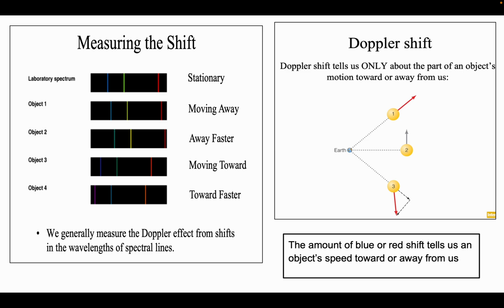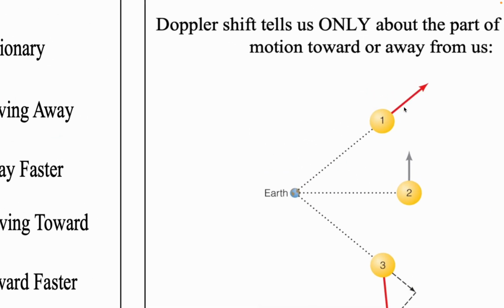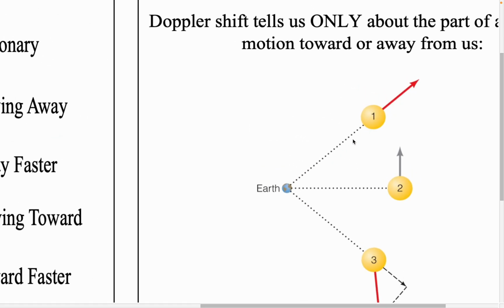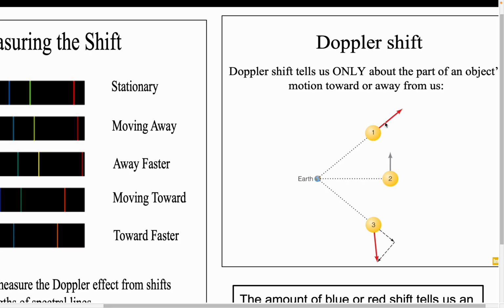Suppose you have an object moving away from you along the line joining you and the object. Then you can detect that this object is redshifted.